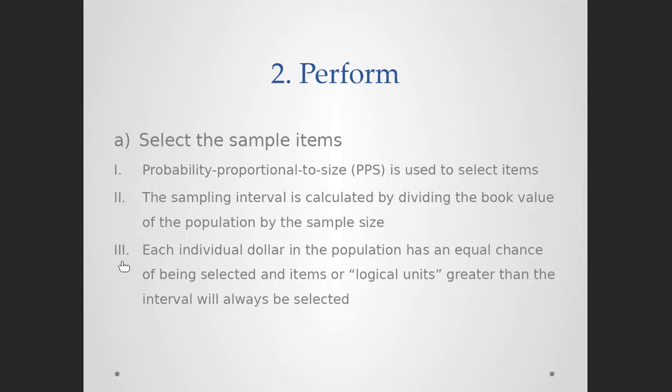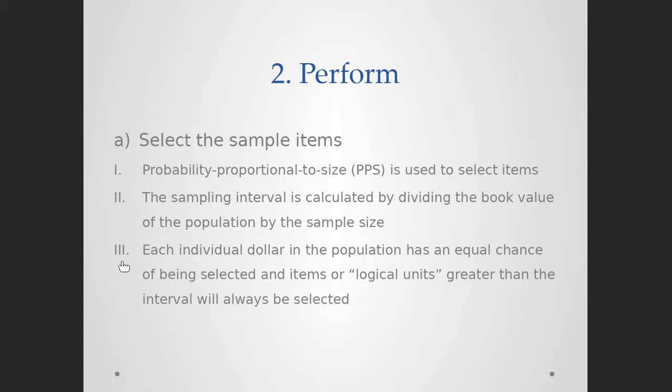To summarize this point, any balance that is greater than the sampling interval, in our example $3,000, if you have a balance of more than $3,000, that balance will always be selected in your sample. So that's what this third point means.